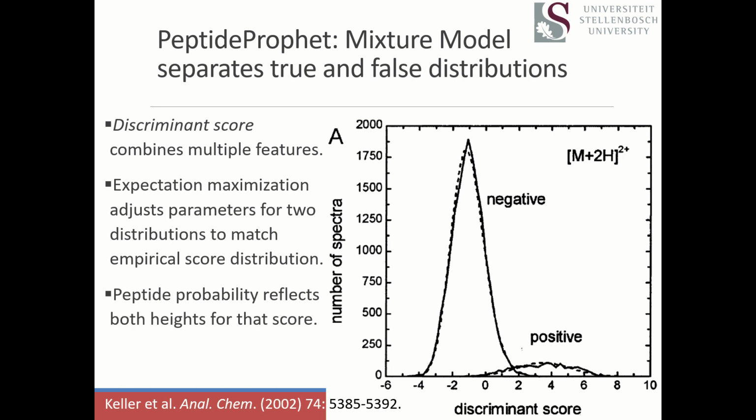So there was an update to the peptide profit published, I think 2007, if I'm not mistaken, where the algorithm was modified to allow decoys to be used to position this negative model very accurately, because you know that every one of the decoy hits is false.